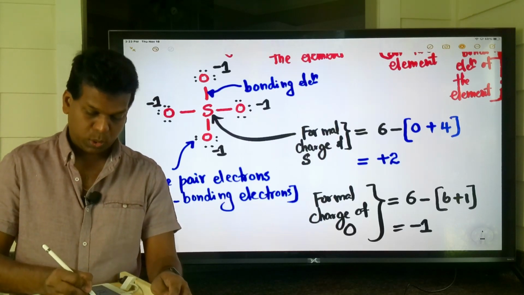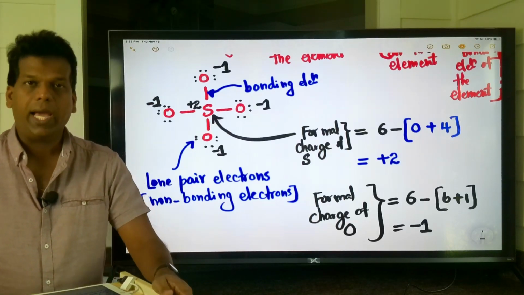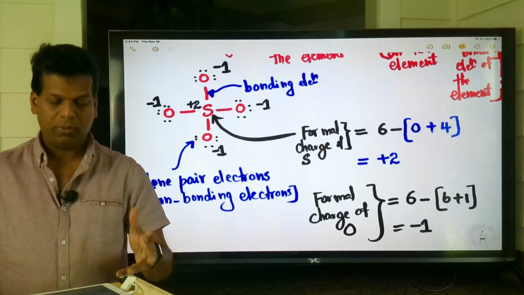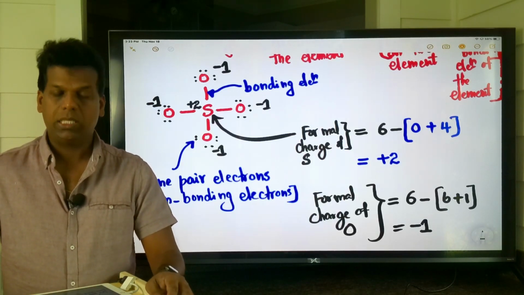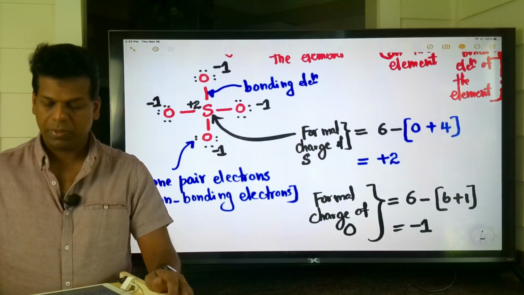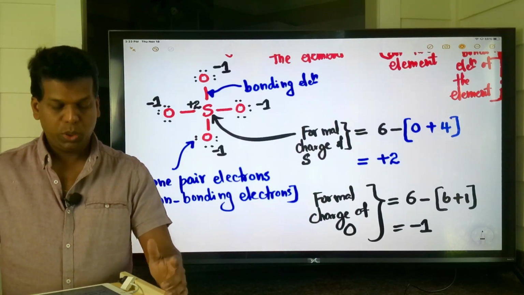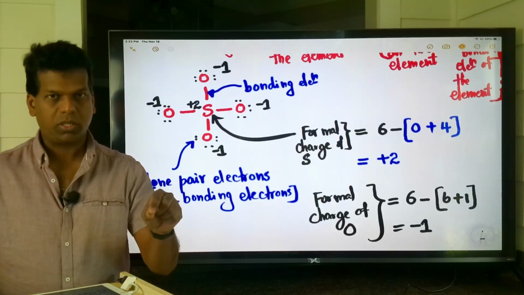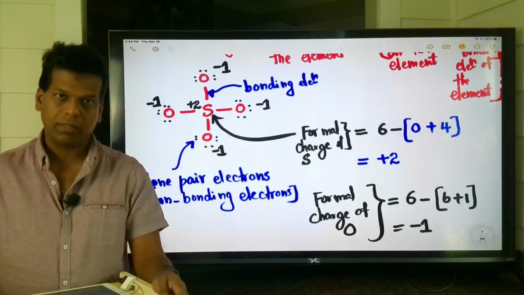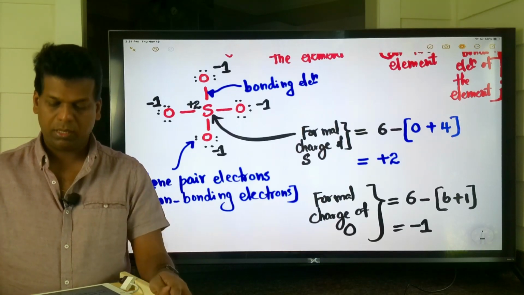Sulfur is plus 2. So this is a red flag for me when I am looking at this one. When I see a positive formal charge on the central atom, it is a red flag. We should get rid of that if we can. There are some instances where you cannot get rid of it without violating rules.